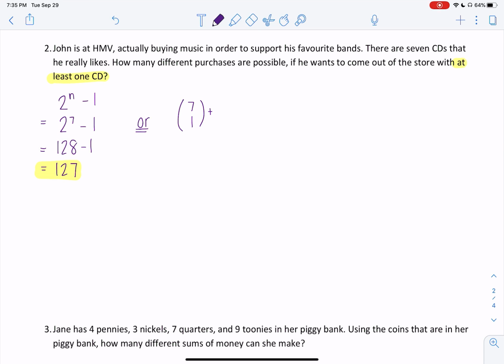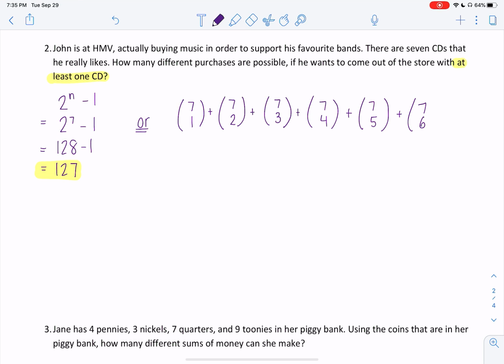Or I could pick 2 of them, or pick 3 of them, or pick 4 of them, or pick 5 of them, or pick 6 of them, or pick 7 of them. And if I put all of that in my calculator, I will also get 127. Doing it this way does help you to see how these two are connected.